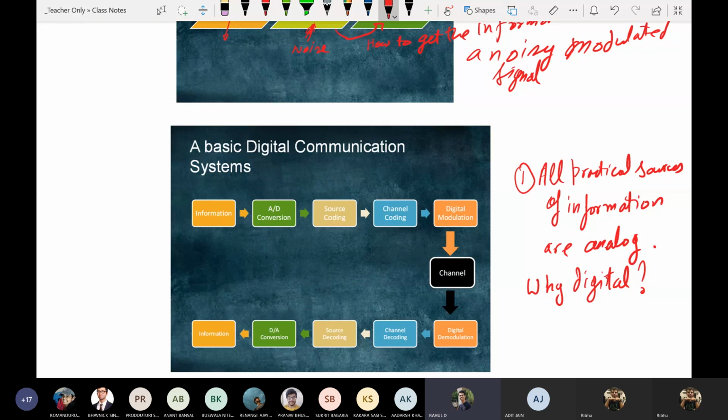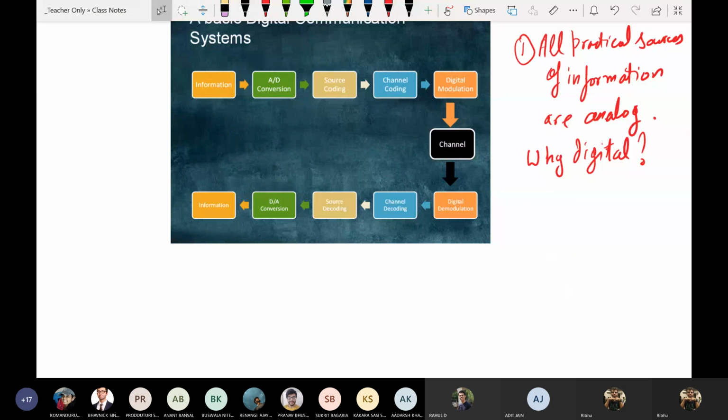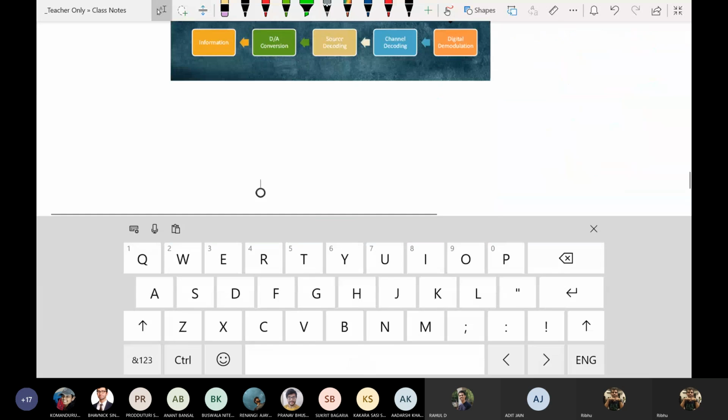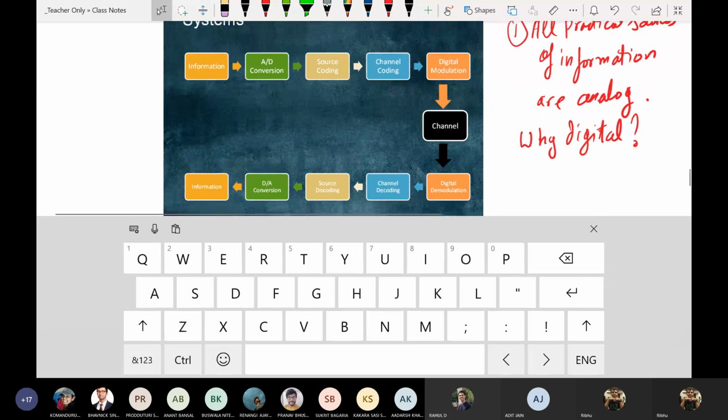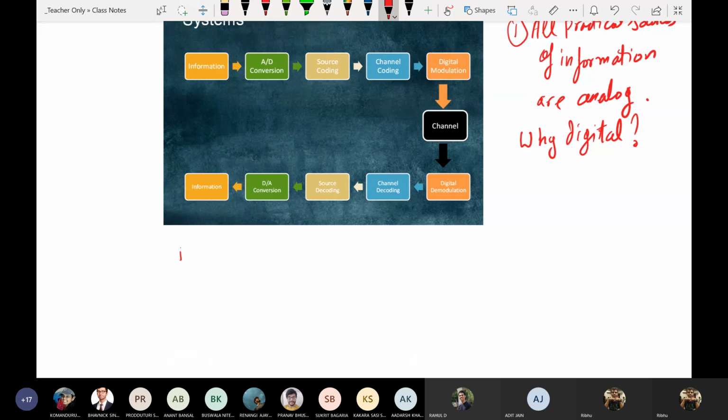Kind of, yes. So digital signals, you have the luxury. We'll talk about the effects of noise in digital signals, but it is also easier to store and send.